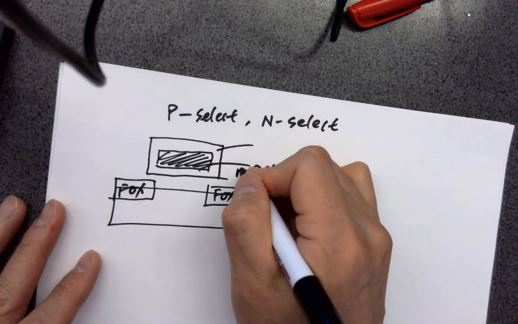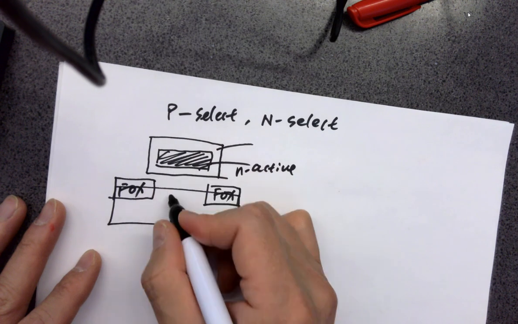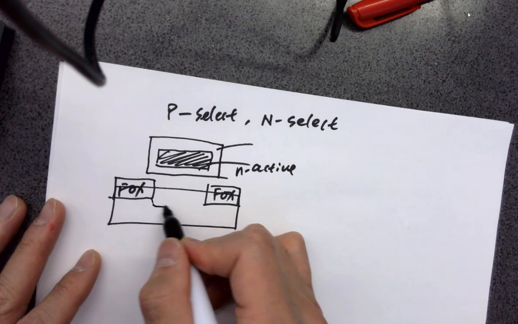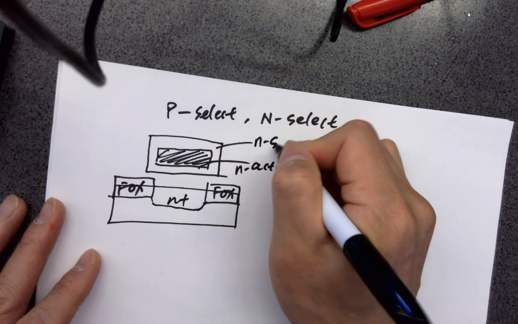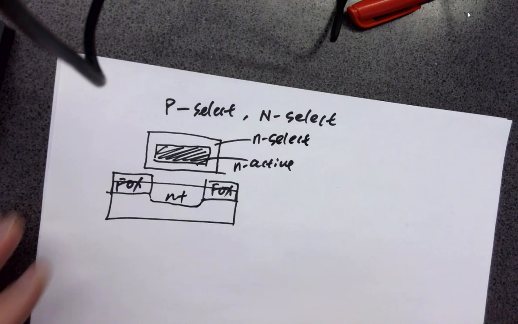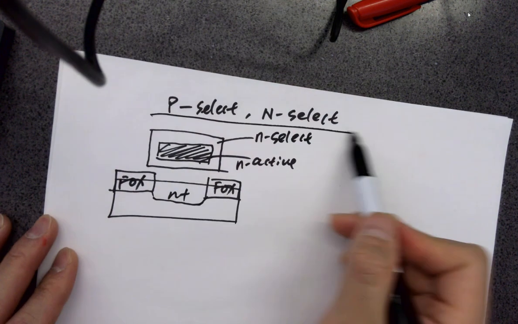Let's say this is N act, this is the N-type active. So eventually it's going to dope N plus in here. And this is called the N select layer. It just shows up at the same time.